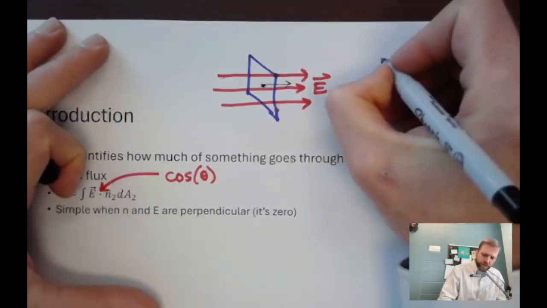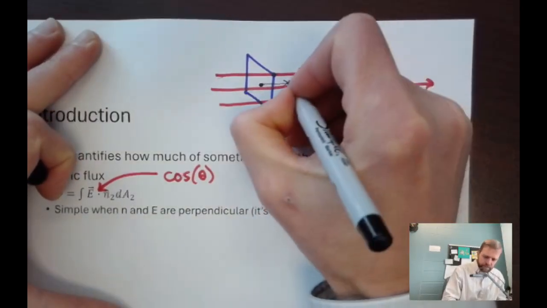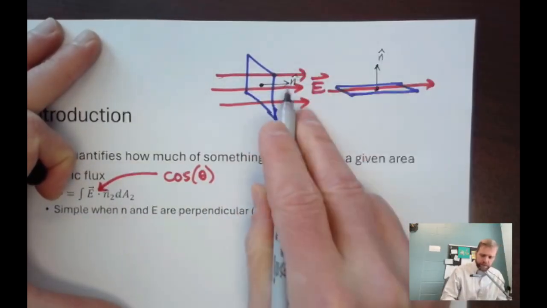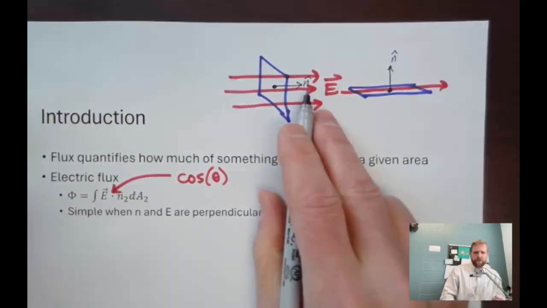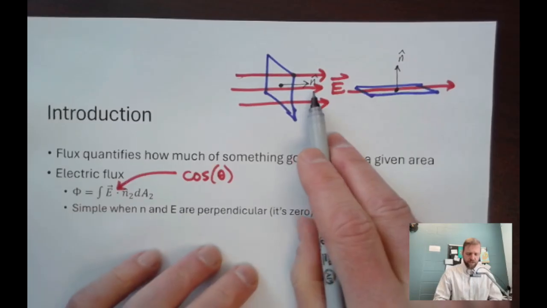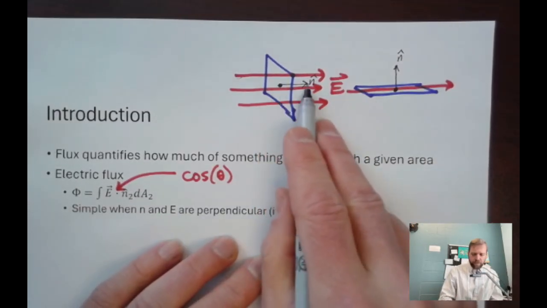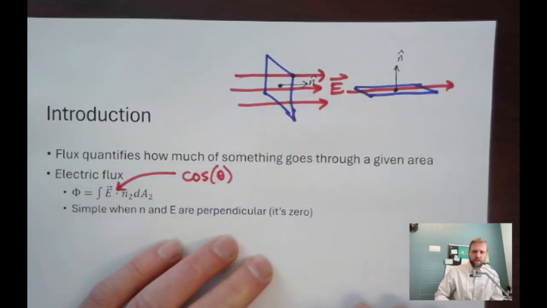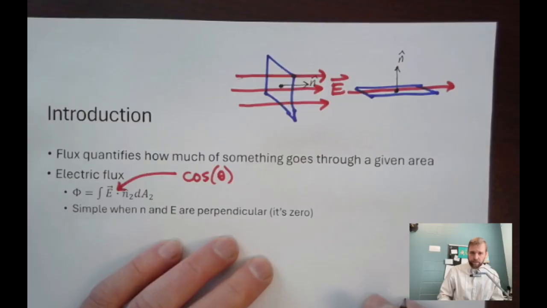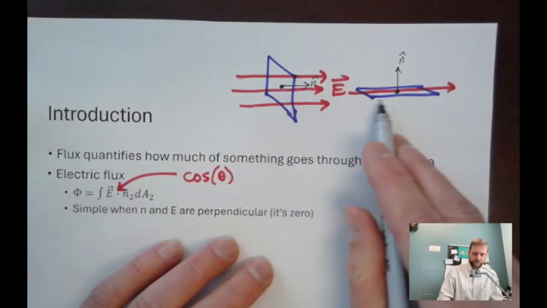Okay, so this is this n hat that's illustrated here. This is kind of weird, I know, but it's just the convention. The area vector points perpendicular to the surface instead of parallel to the plane of the surface.